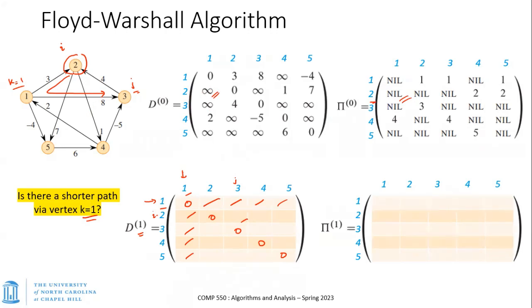Why? Because from 2 to 1 currently there is no single edge, there is no path. So going from 2 to 1 to 3 basically says that 2 to 1 is infinite, and 1 to 3 has a cost of 8. Okay, so 8 plus infinity is infinity.